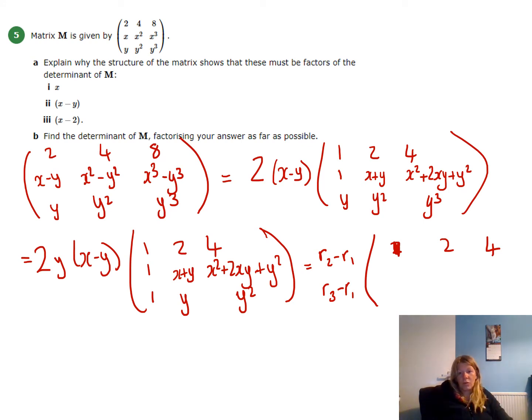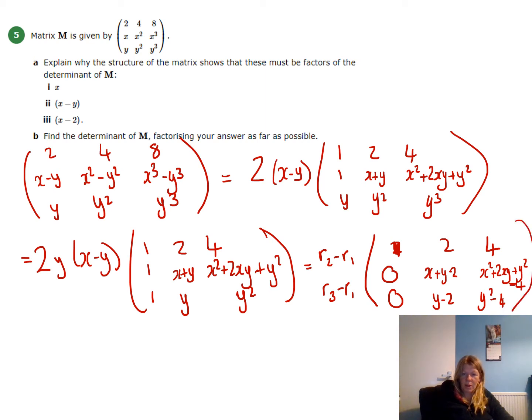And if you do row 2 take row 1, you get 0 there, you get x plus y take 2. And here you get x squared plus 2xy plus y squared take 4. And there we'll get a 0 as well. We just get y take 2 and y squared take 4.